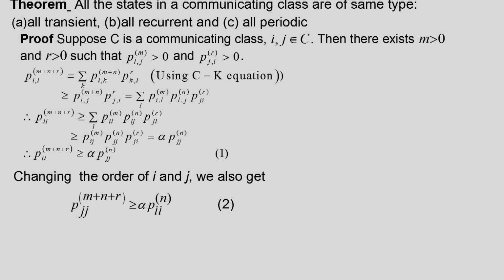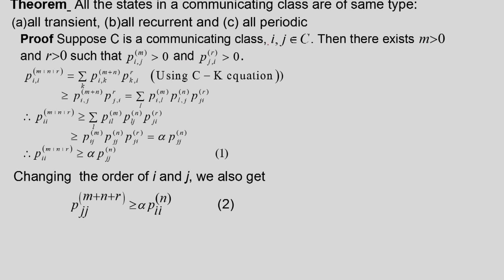So, that is a theorem. All the states in a communicating class are of the same type: all transient, all recurrent, and all periodic. We will prove parts A and B; part C can be similarly proved. Suppose C is a communicating class and i, j belong to C. What does it mean?